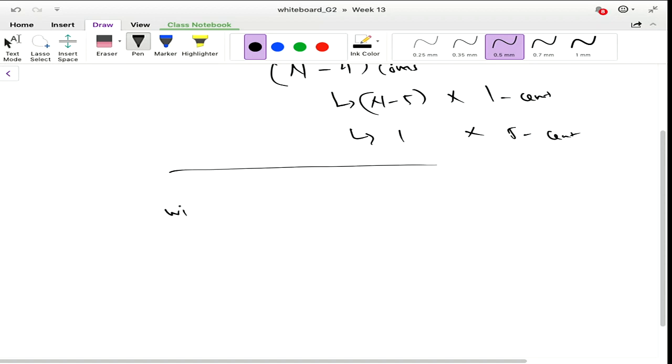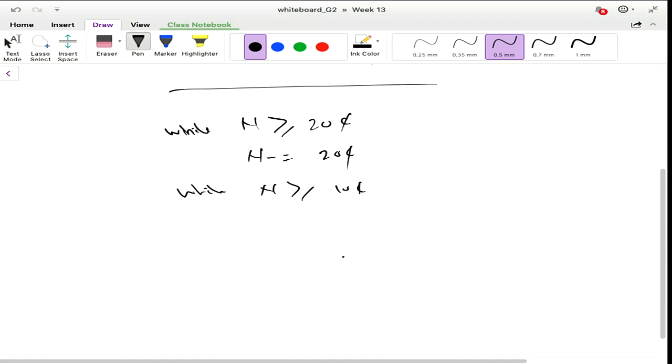So for example, while n is greater than or equal to 20 cents, I can reduce 20 cents away from n. And then while n is greater than or equal to 10 cents, I can reduce away 10 cents.